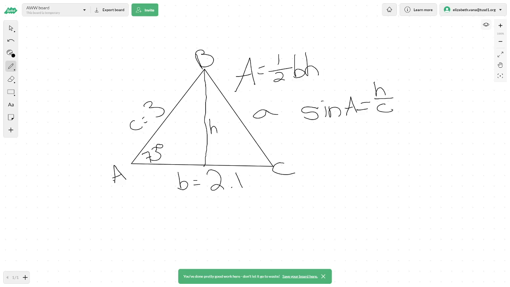The sine of A is opposite over hypotenuse, so h over c. If we want to find h, we just need to get h by itself, and to do that, we can multiply c to both sides. So now we have c times the sine of A equals h.